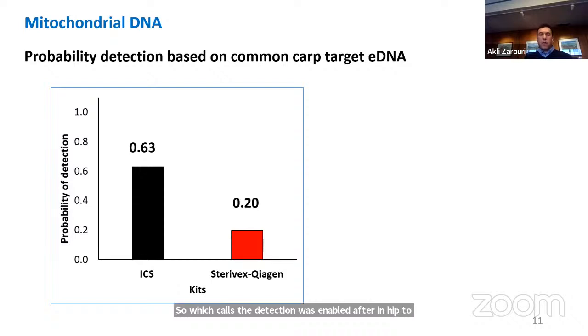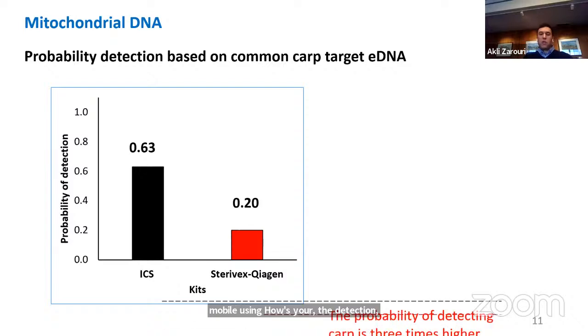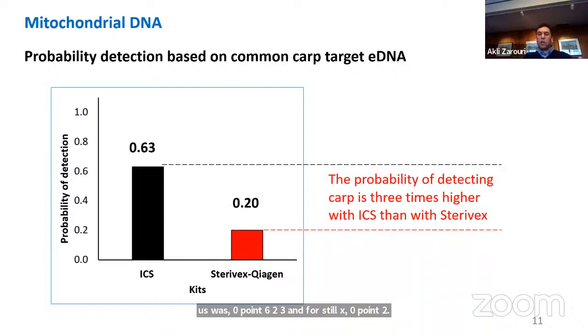As we can see here, the detection probability with ICS was 0.623, and for Stevex Qiagen 0.2. With the ICS kit, it was 3 times higher than Stevex. And this is very important for the early detection of invasive species if there are just a few individuals, so there is just a small amount of DNA.